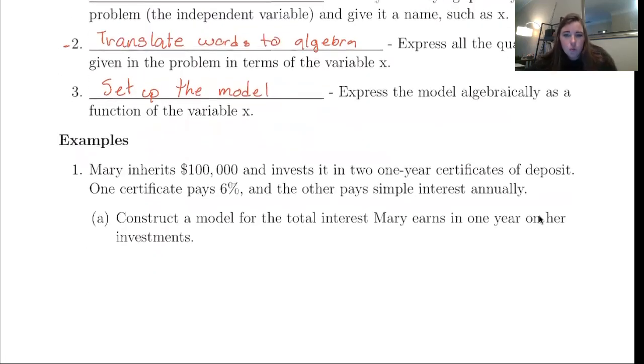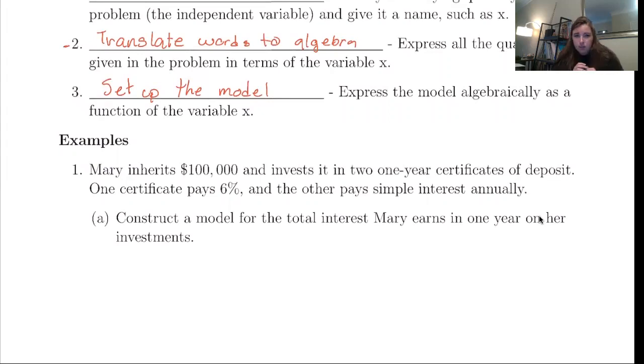All right. So this problem is worded really confusingly, but we'll get through it. So Marion inherits $100,000. So she invests it into 2 one-year certificates. So in 1 year, it pays out. She's going to invest all of it. She's like, I got my stimulus bill, I don't need to save any of my $100,000.